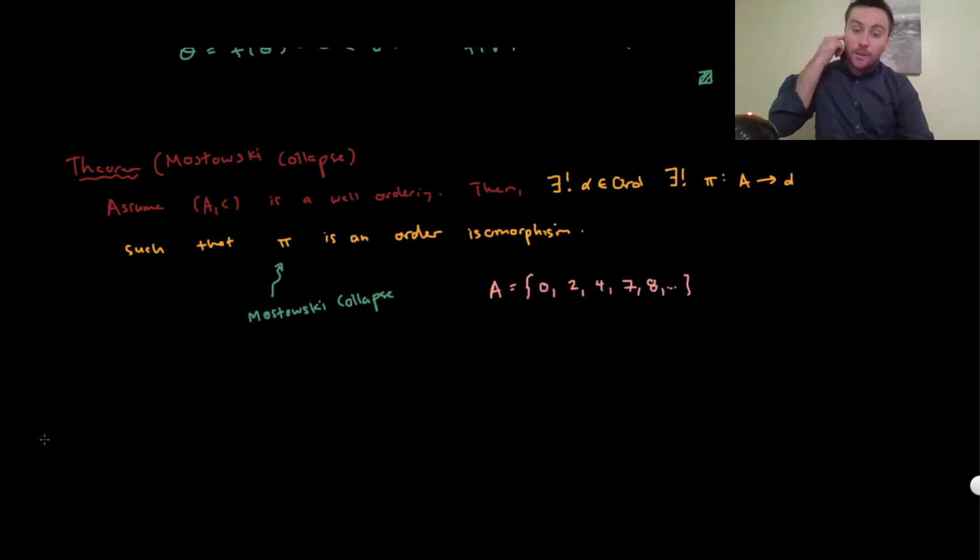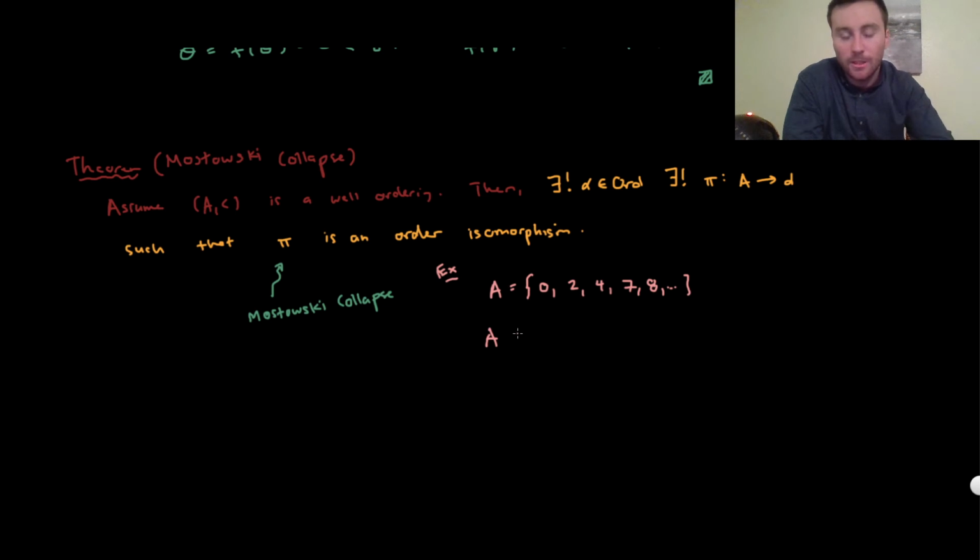This is a well-ordered set, right? Because it's a subset of omega, and omega is a well-ordered set. So by this result, there's going to be some ordinal that it's order isomorphic to. What is that ordinal going to be? It has to be omega. So in our example, A is going to be order isomorphic to omega.